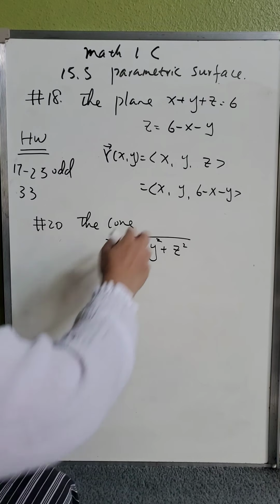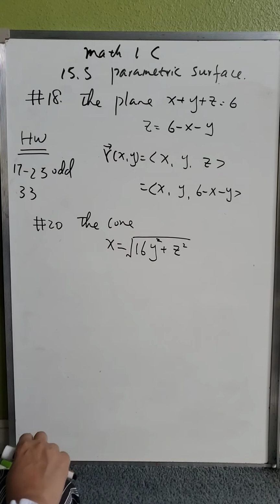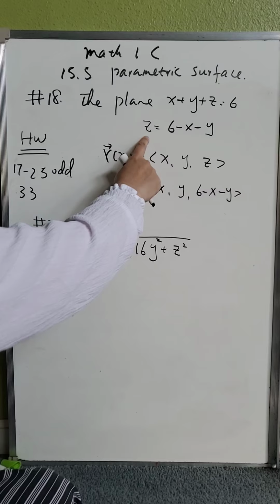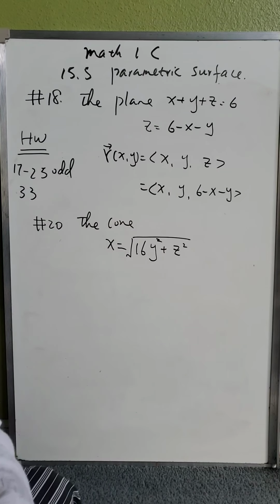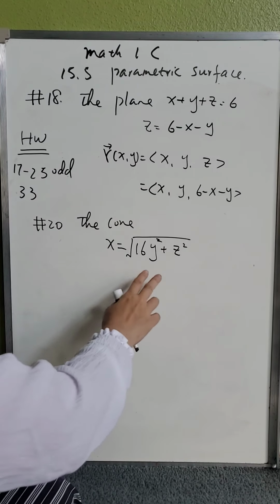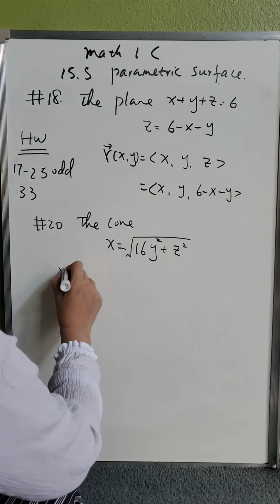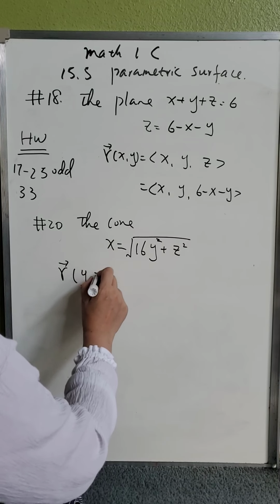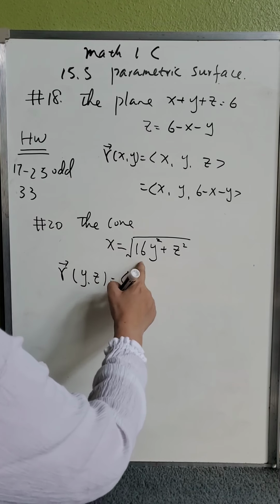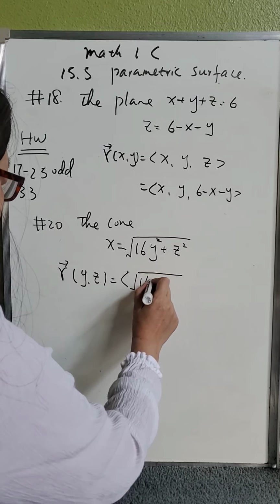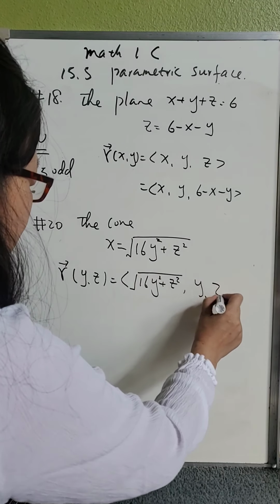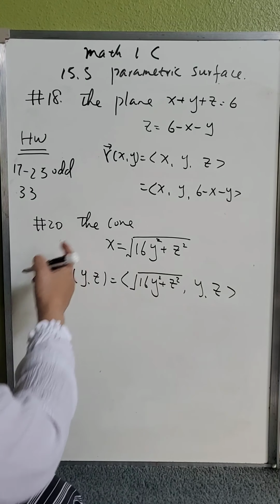Remember, it doesn't have to be z all the time. It can be x or y as the dependent variable, depending on what is given to you. If they give you this, then you keep y and z as the parameters, and x becomes this expression, so you just have y and z. That's how you parameterize this cone.